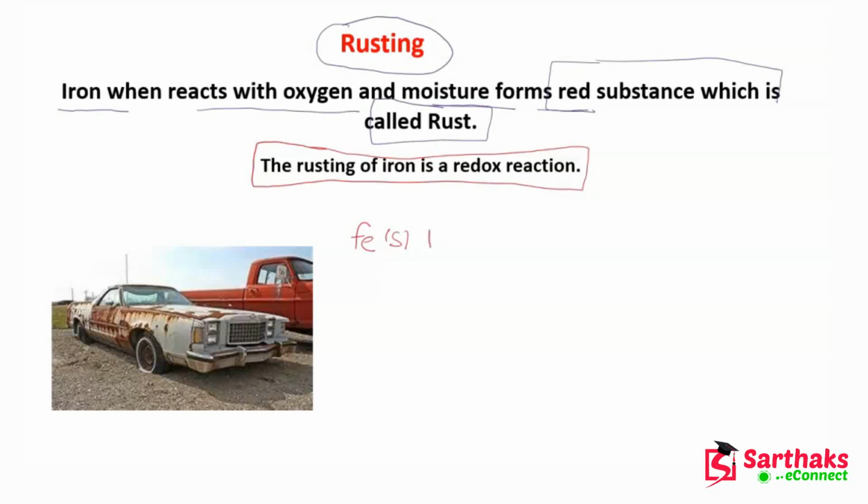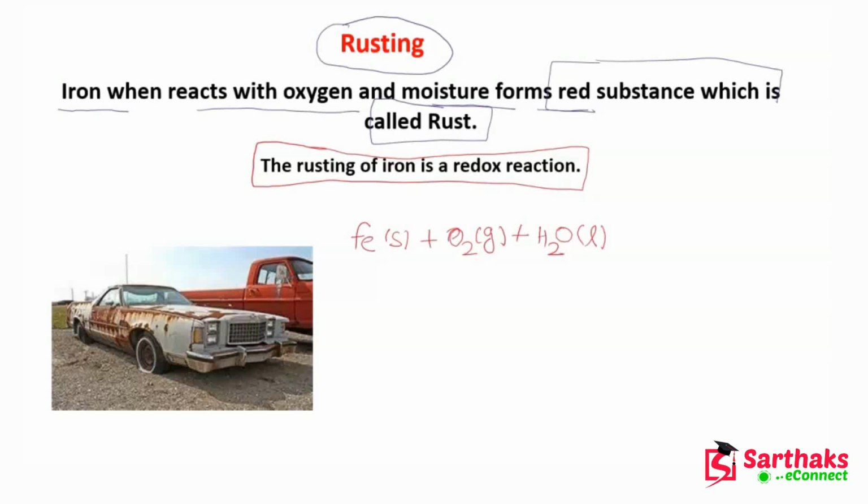Now we all know that in the atmosphere oxygen is present, and oxygen is a gas, that's why I will write gas. Now there is also presence of moisture, and moisture is what? Hydrogen dioxide, meaning water, so it is liquid.